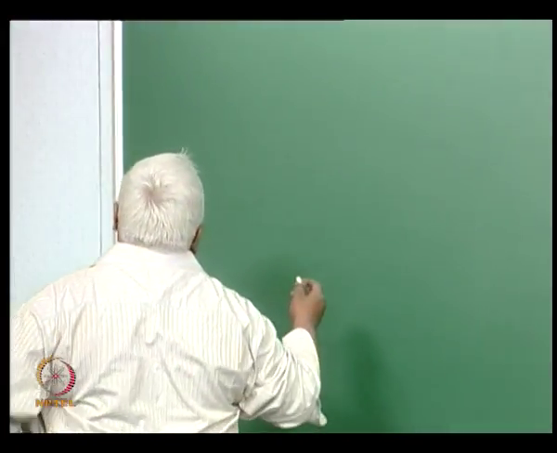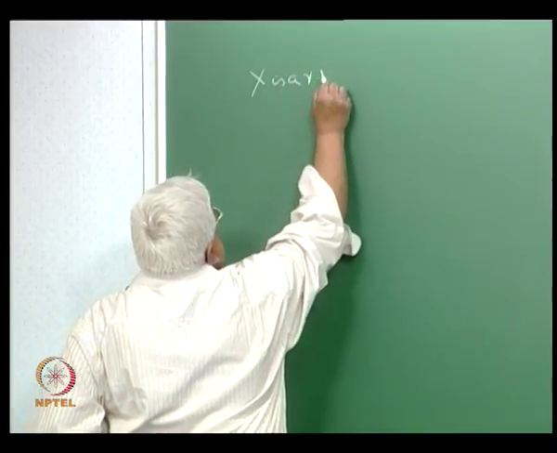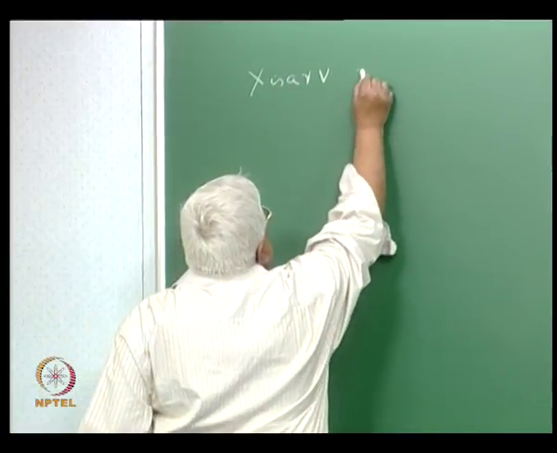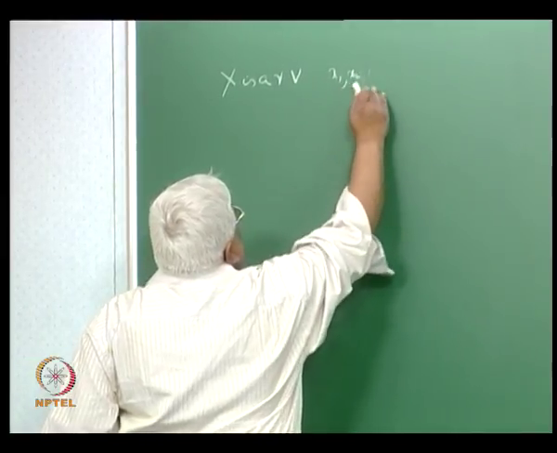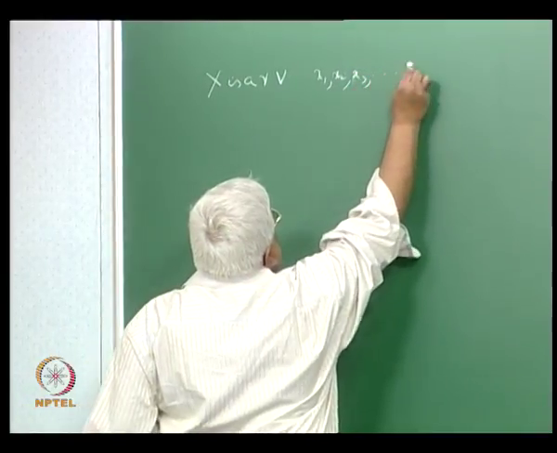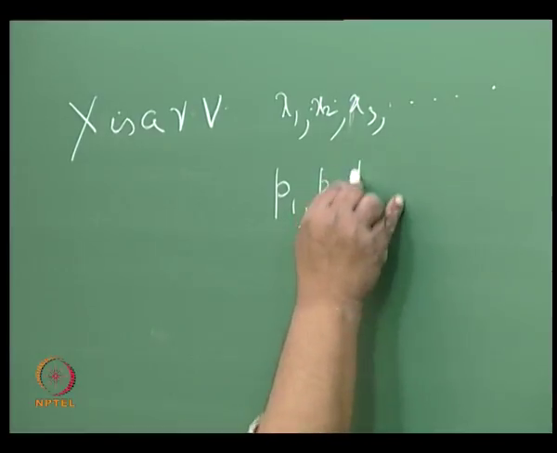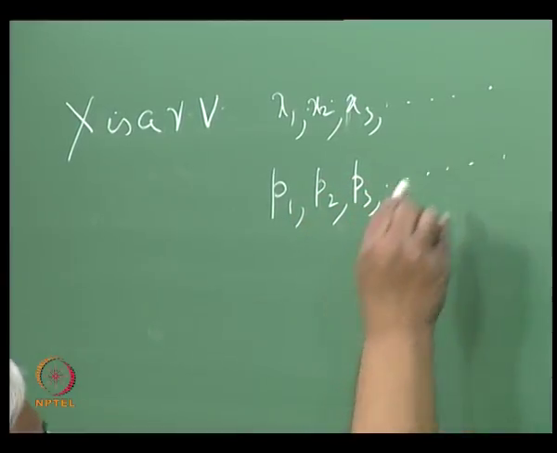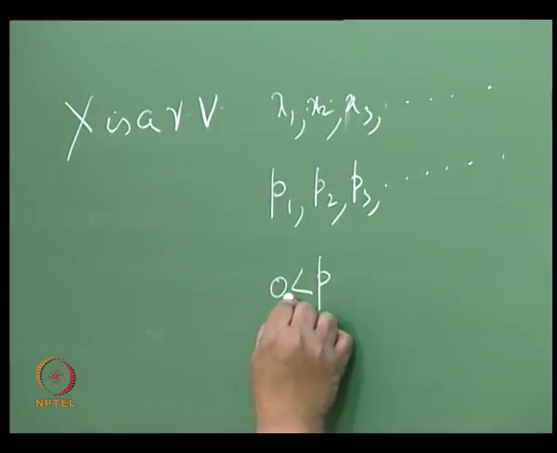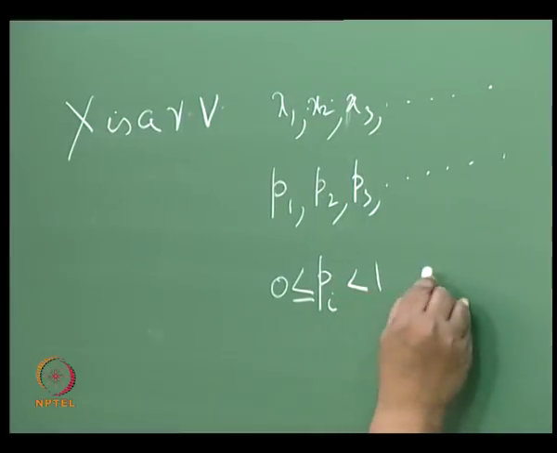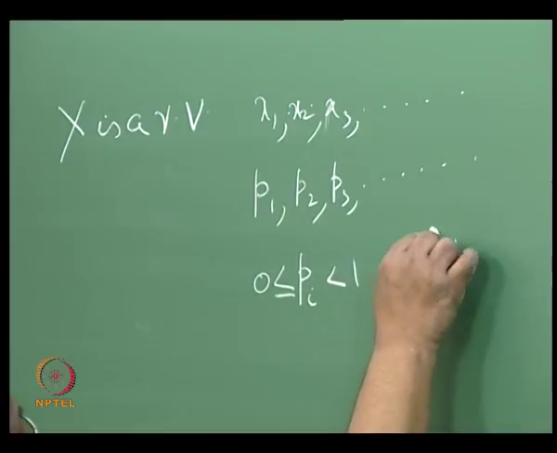Suppose X is a random variable taking values x1, x2, x3, etcetera, infinitely many, with probabilities p1, p2, p3, etcetera, where naturally 0 is less than or equal to pi, less than or equal to 1, and the summation of pi, i equal to 1 to infinity, is equal to 1.